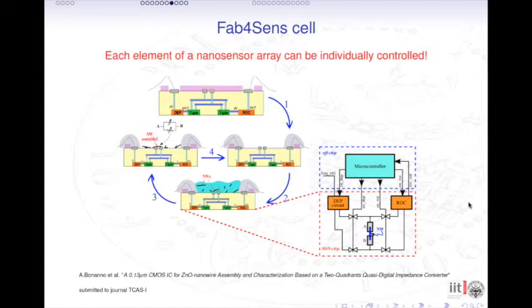The micro-to-nano fabrication process is always the same. But inside each element of the array, there is a DEP generator and a readout circuit.